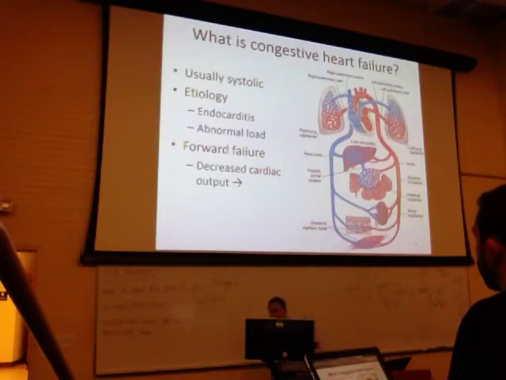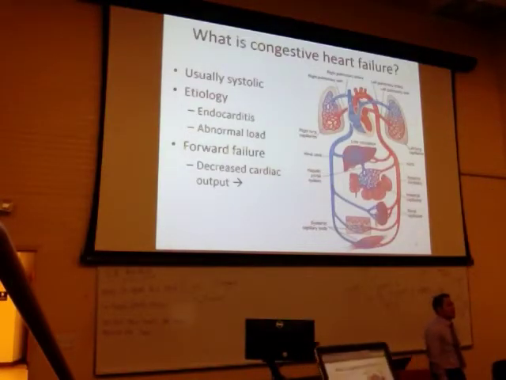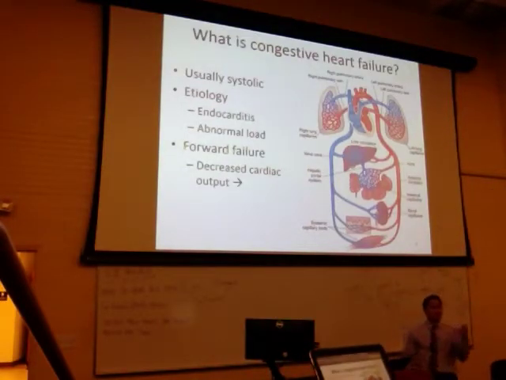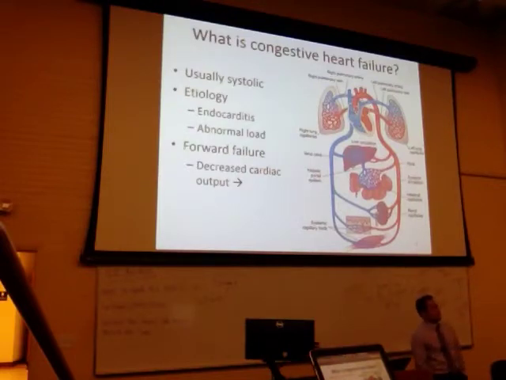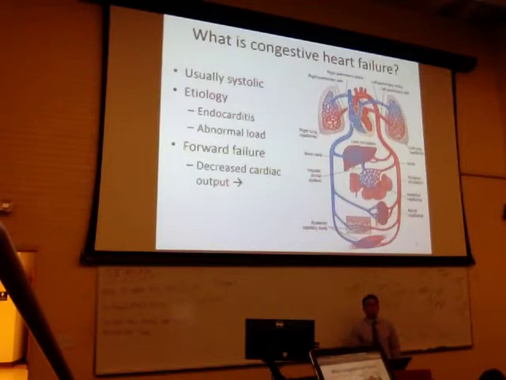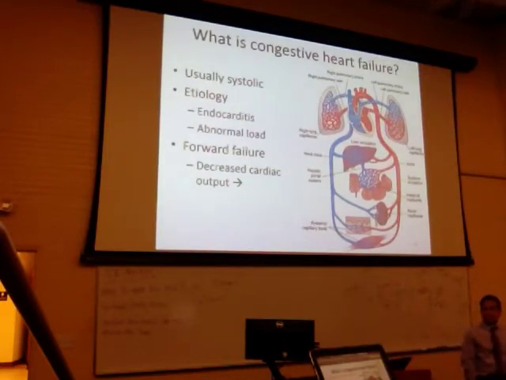So what is the cause? Well, the etiologies that are shown here, there's two main ones. One is an endocarditis, which would be an inflammatory disease of the endocardium, where the heart itself becomes diseased, and it becomes inflamed, and it infects the heart. And then the other one that's far more common is an abnormal load, like hypertension.